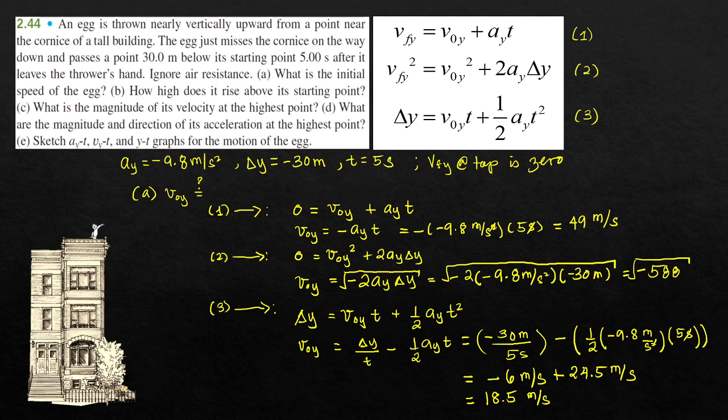So which of these three would be the most appropriate and would give us a more realistic result? In this case, the one throwing the egg is a human, so a human can most likely be capable of throwing such an object with this given velocity, 18.5, because if an object has been thrown at these speeds, then it would mean that this human possesses superhuman strength, because as you can see, the object would travel at a speed of 49 meters per second.